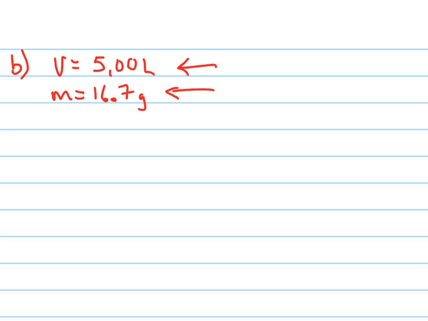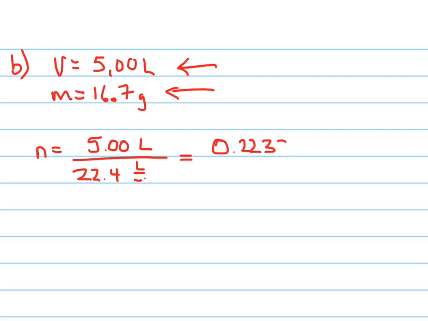So to figure out the number of moles, we're going to take the 5.00 liters, and we're going to divide it by 22.4 liters per mole, which means we have 0.2232 moles.